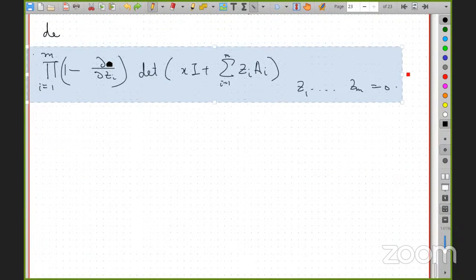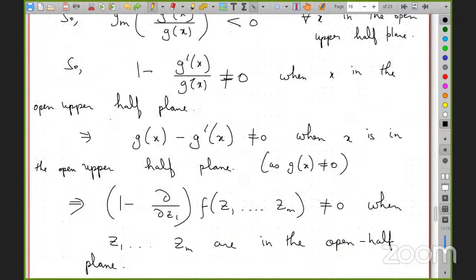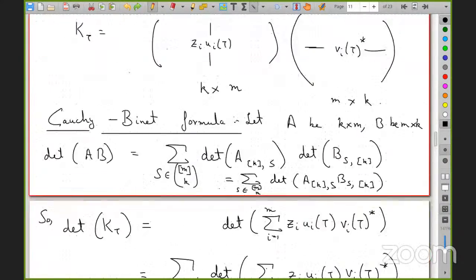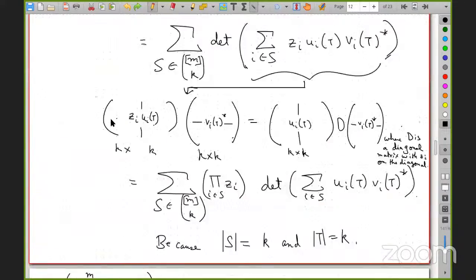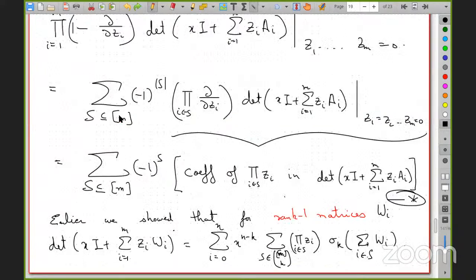we know this was equal to: you have to go over all subsets S of m choose k. This is the same notation.